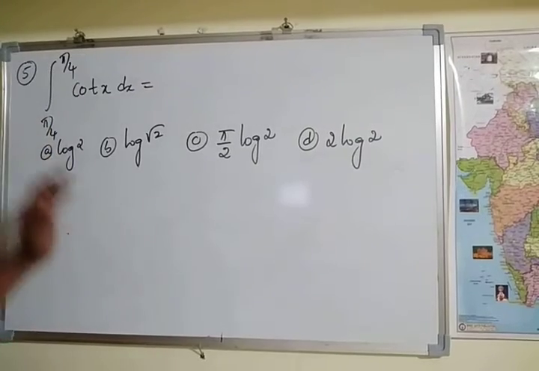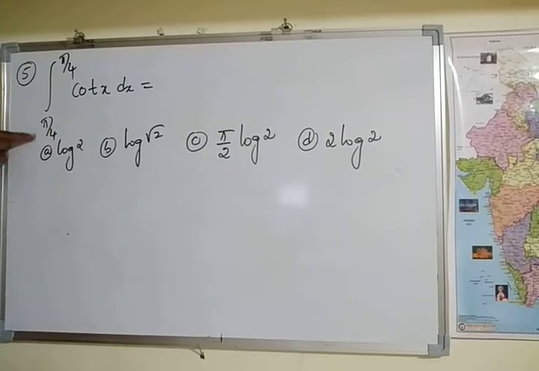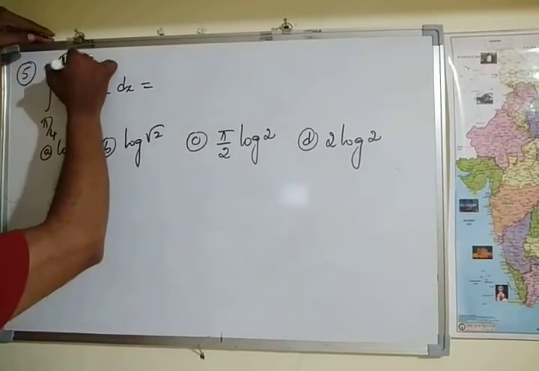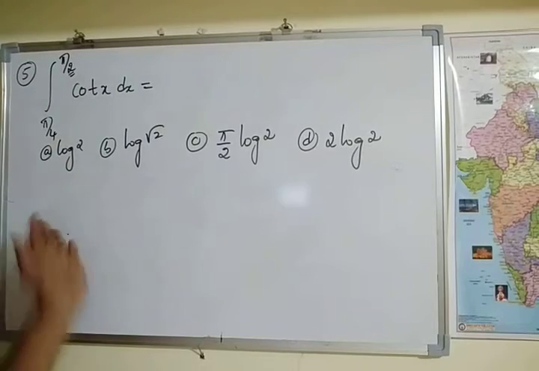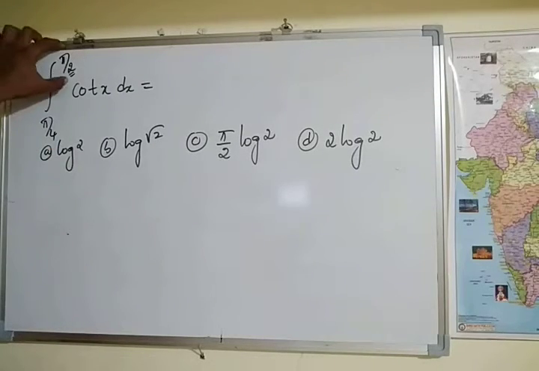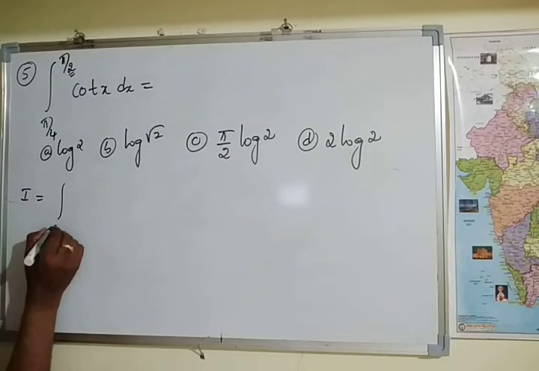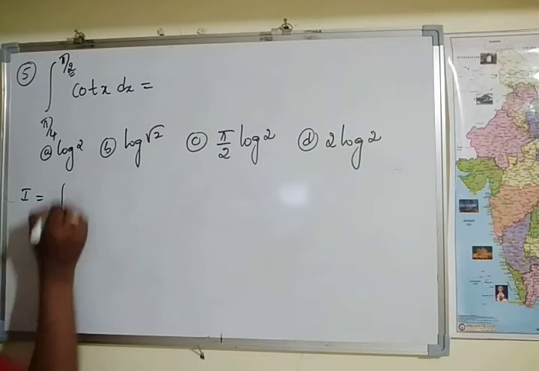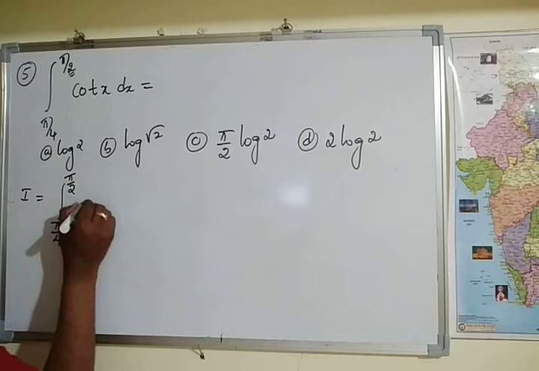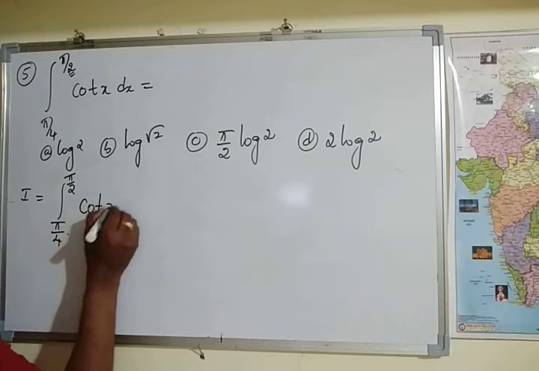So next result, sorry, this is integral of pi by 4 to pi by 2 cot x into dx, not pi by 4. Integral of pi by 4 to pi by 2 cot x into dx. Now here consider I is equals to given result, integral of pi by 4 to pi by 2 cot x into dx.